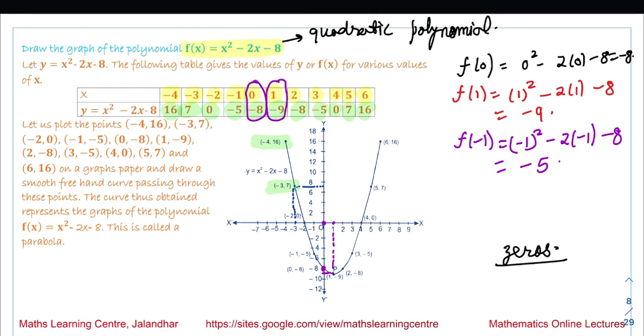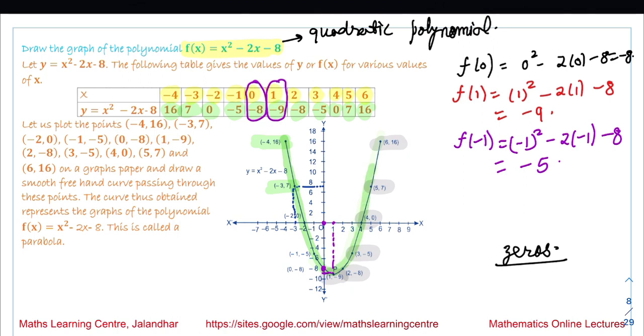So we have plotted all these points over here. This is 6 comma 16, 5 comma 7, 4 comma 0, 3 comma minus 5, 2 comma minus 8, 1 comma minus 9. We have plotted all these points and joined them, and we obtain the graph of this shape.